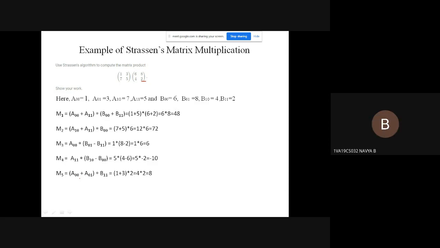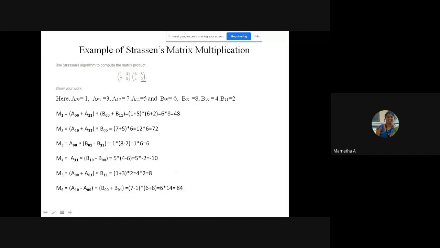7 minus 1 into 6 plus 8. Yes, very good. So 7 minus 1 into 6 plus 8, 6 into 14, that is equal to 84. Yes.